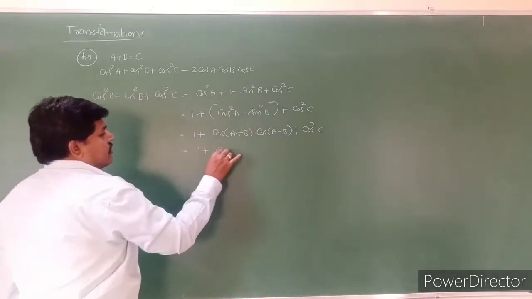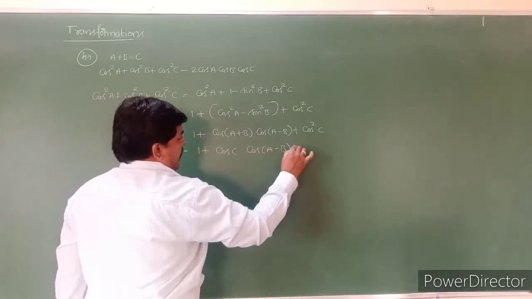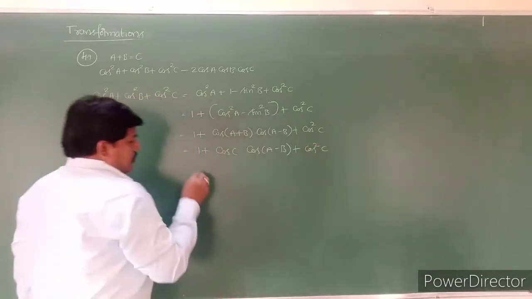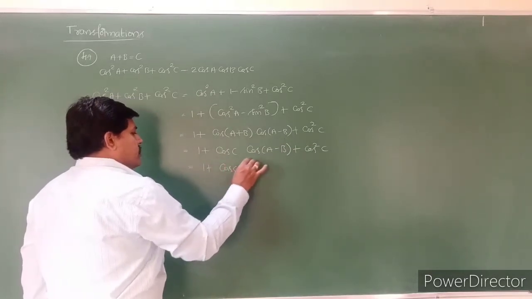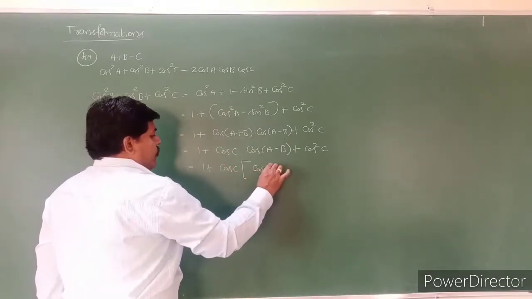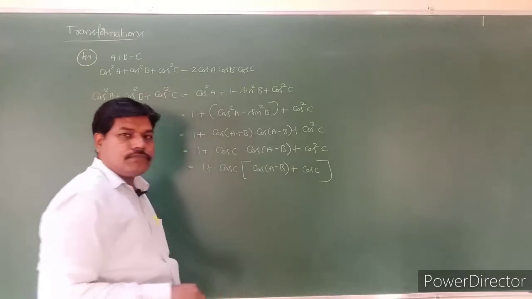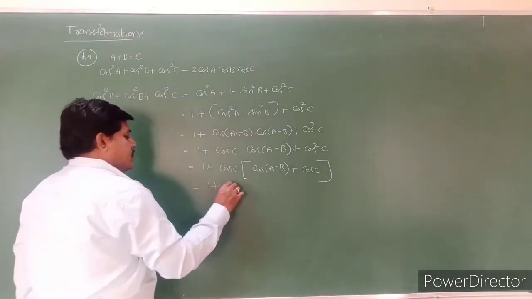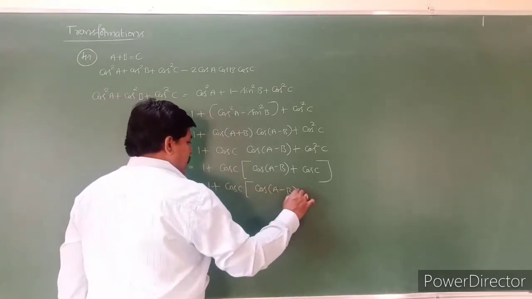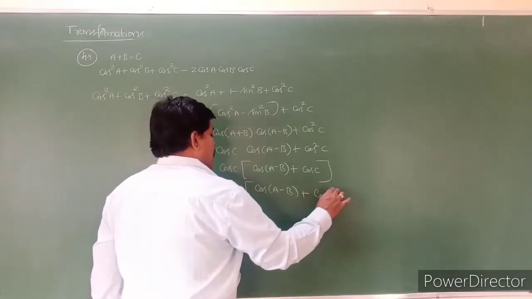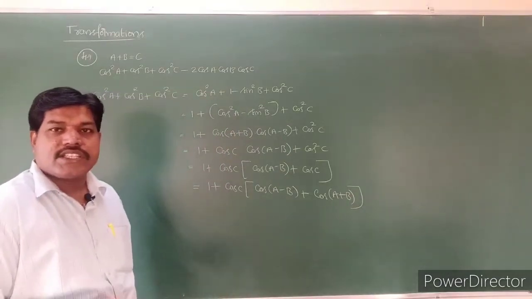That is equal to 1 plus cos C into cos of A minus B, plus cos square C. From these two terms we can take cos C common, so it becomes cos of A minus B plus cos C. So that is equal to 1 plus cos C into cos of A minus B plus, in the place of C, I will take A plus B once again. Why? Because C is nothing but A plus B.